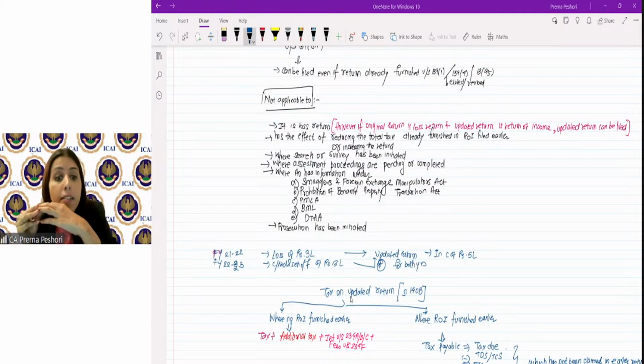Namrata, the logic of completed assessment not allowed is that once the assessment is completed, I have done your assessment. Now you cannot say that you again want to file some income by disclosing certain income. Link it with the kind of examination that you give. You are writing your paper. Once you've written it, let's say you feel you have not written correctly, you may plead that you want to revise your paper.